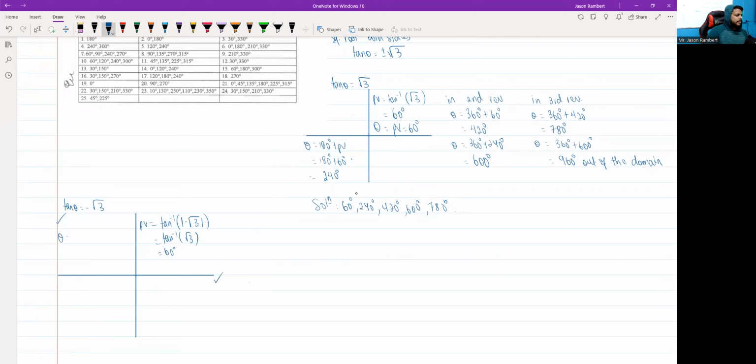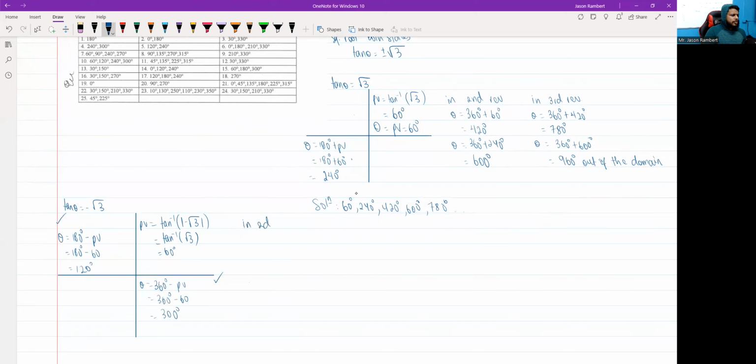So theta will be equal to 180 minus the principal value, 180 minus 60, 120. And theta is 360 degrees minus the principal value, 360 minus 60, 300 degrees. Again, that's the first revolution.